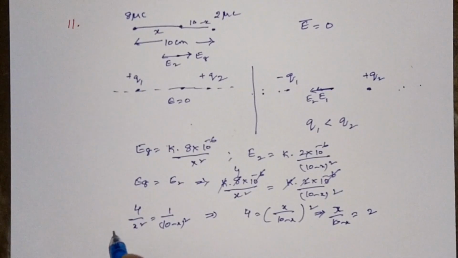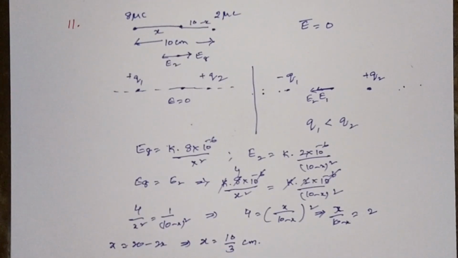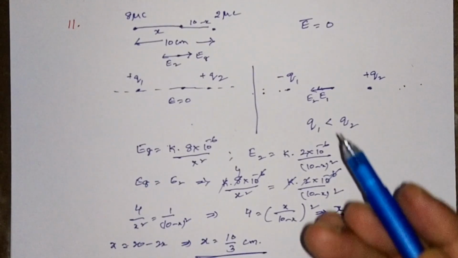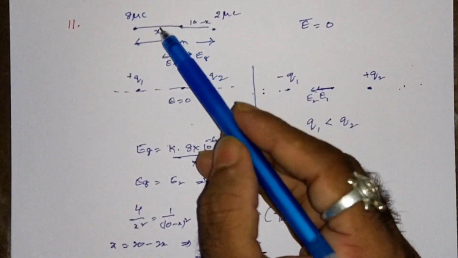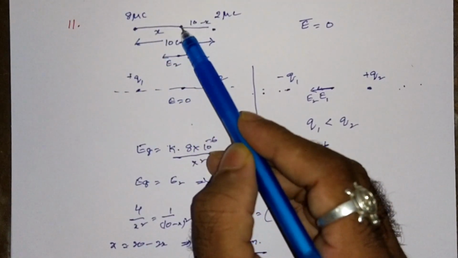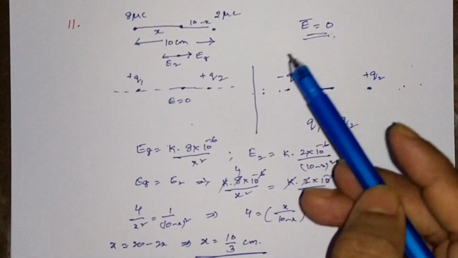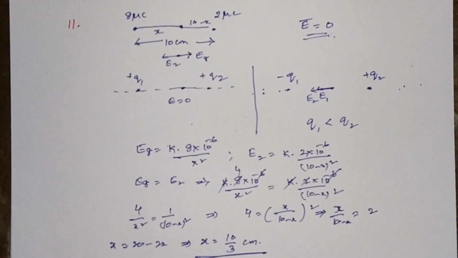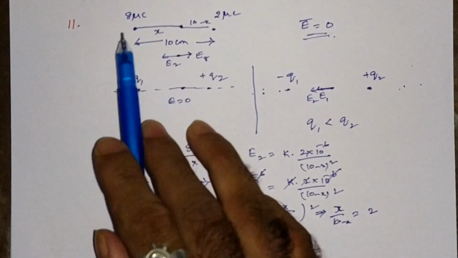Then x is equal to 20 minus 2x. Then from this, x is equal to 10 by 3 centimeters. So that means at a point 10 by 3 centimeters from the 8 microcoulomb charge, the net field will be 0. Clear?